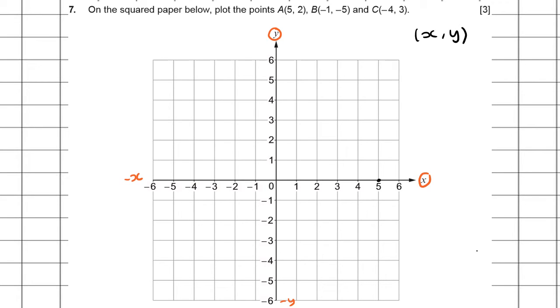Y is 2, so in there. So therefore that's A. Okay, for B we got -1 in x and -5 in y, so therefore that's our point for B. And then for C we got -4 for x and 3 for y, so this is C.